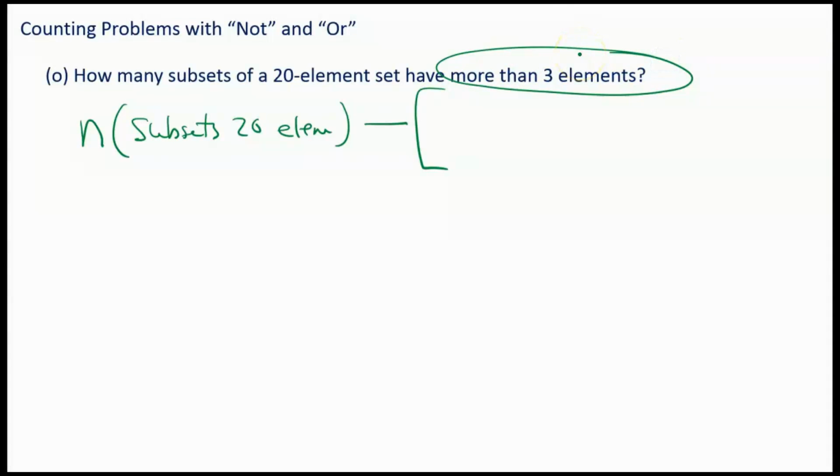And by the way, did I include 3 a minute ago? It said more than 3 elements, so I shouldn't have included 3 when I wrote that down. Seems like I did. So let's pretend I didn't. More than 3 would be 4, 5, 6, 7, 8, 9, 10, right? All right, so not more than 3. Let me write it that way first. So the number of not more than 3.